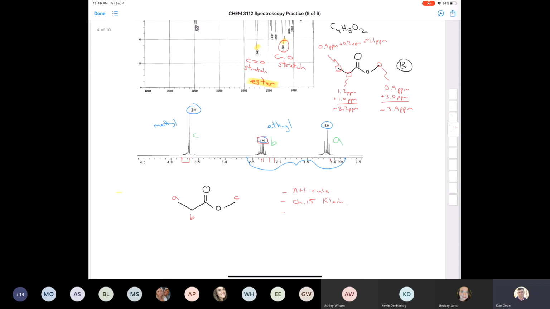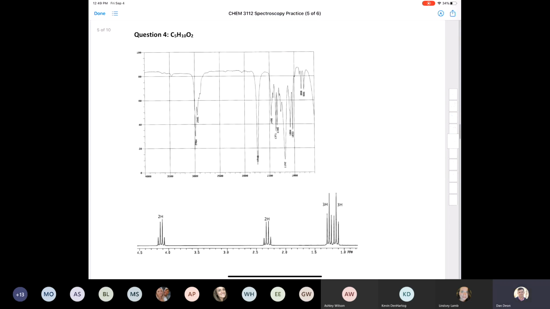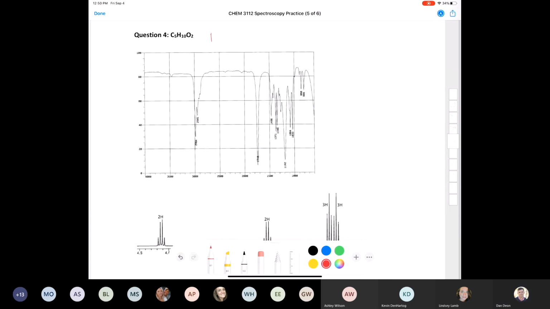Okay, let's take a look at another one. Question number 4. C5H10O2. I'll give you a few minutes to take a look at that one. See if you can come up with a structure.